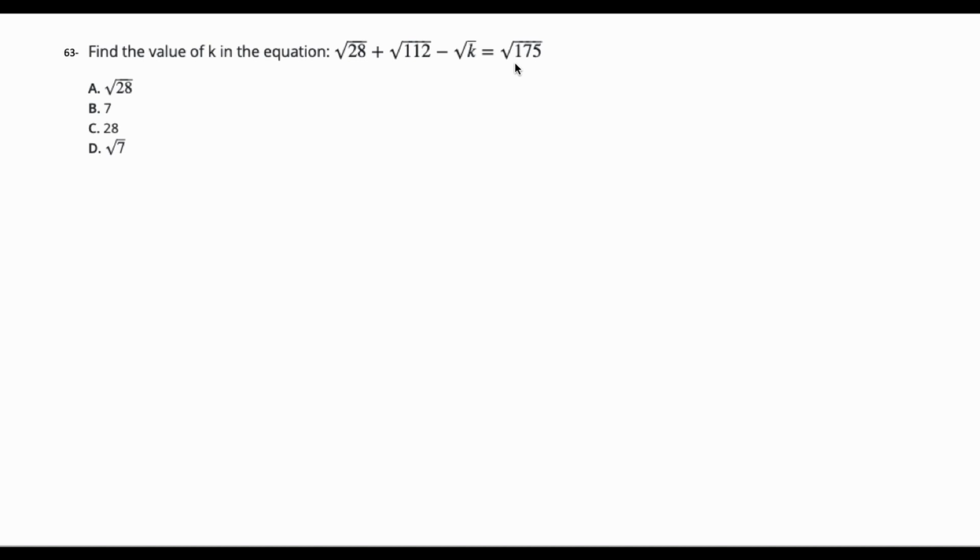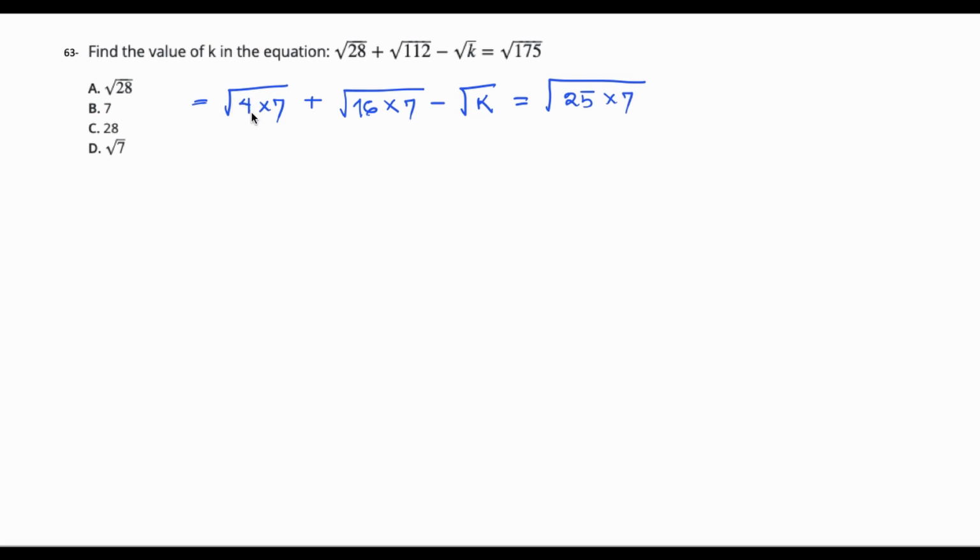So the best way of solving this problem is to break down these radical numbers, such that we know that the square root of 28 is the same as the square root of 4 multiplied by 7. 4 multiplied by 7 is equal to 28, plus the square root of 112 is the same as the square root of 16 times 7, minus the square root of k, and we know that the square root of 175 is the same as the square root of 25 times 7.